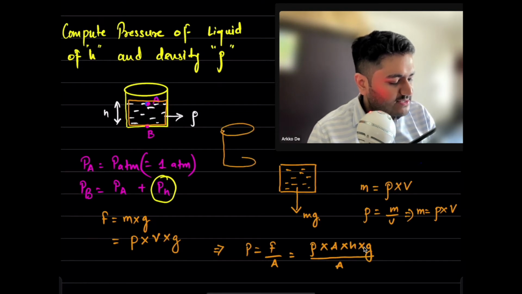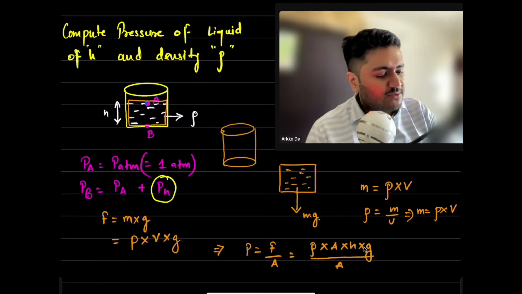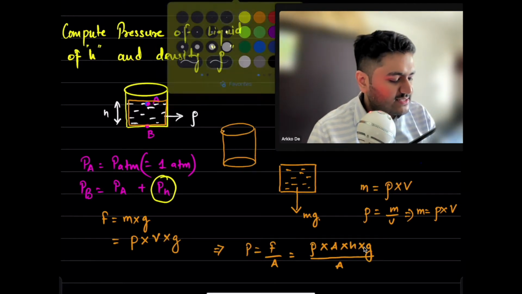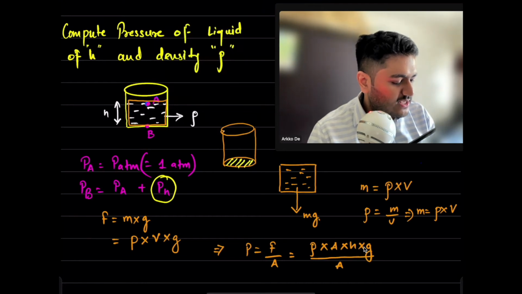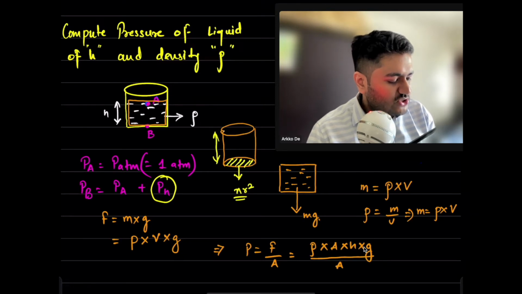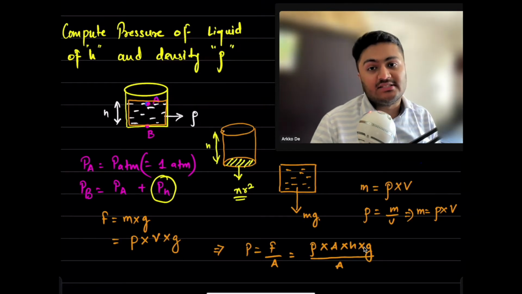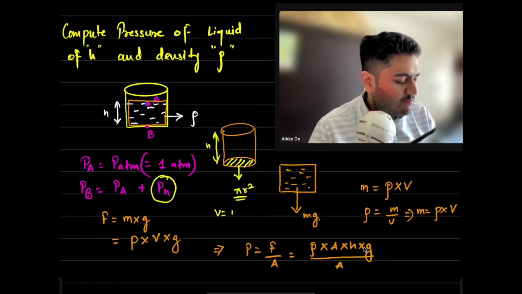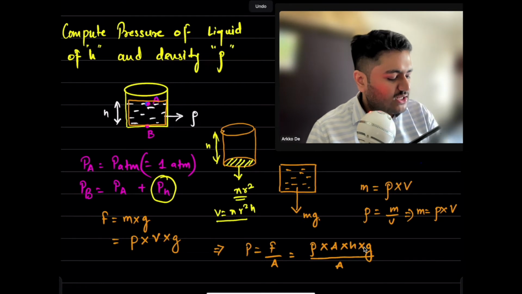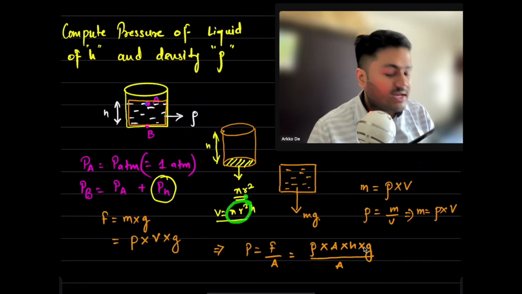For example, let's say I have taken a cylinder. The base of the cylinder is a circle, the area of the circle is pi r squared, and the height of the cylinder is h. You might have studied in earlier classes that volume is pi r squared multiplied by h, which is the area of the base multiplied by its height.